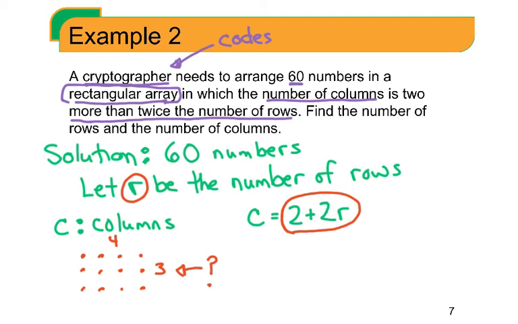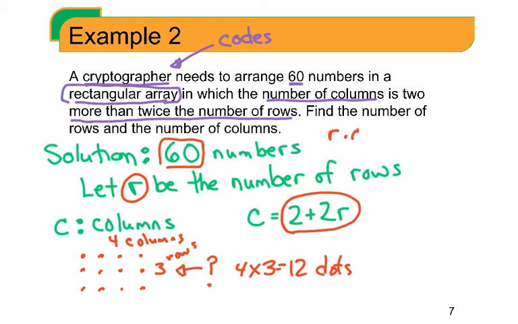Well, this is 4 columns, 3 rows, and that is 4 times 3, 12 dots, right? So that's how 60 fits in there. We know the number of rows times the number of columns equals 60. So let's get a little more room and keep going.